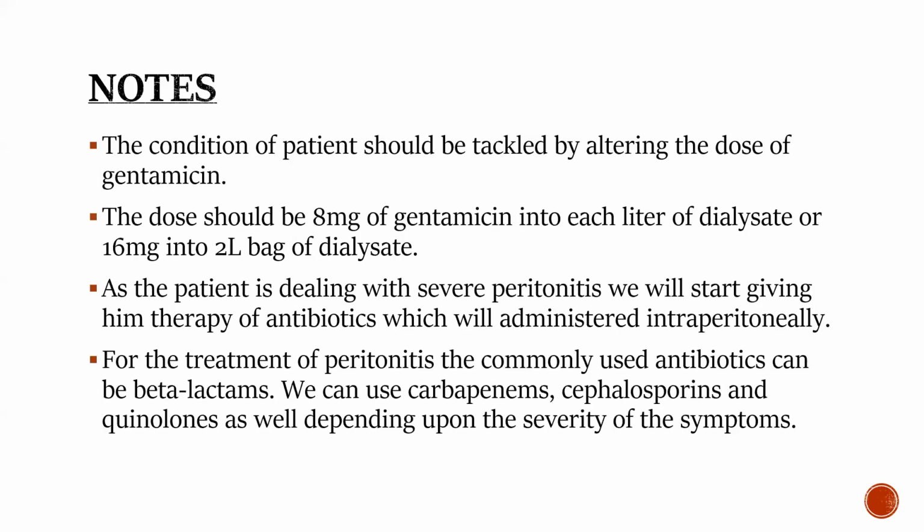The condition of the patient will be tackled by using the altered dose of gentamicin. The dose will be 8 milligram of gentamicin into each liter of dialysate, or we can double the dose as well, that is 16 milligram into 2 liter bag of dialysate. Then, as the patient was dealing with peritonitis, we will start giving antibiotics, and this will be given intraperitoneally.